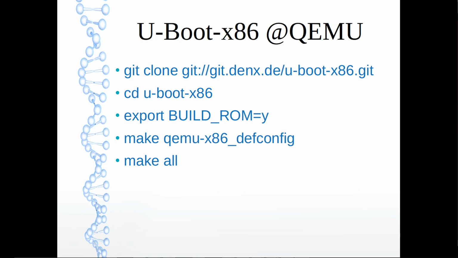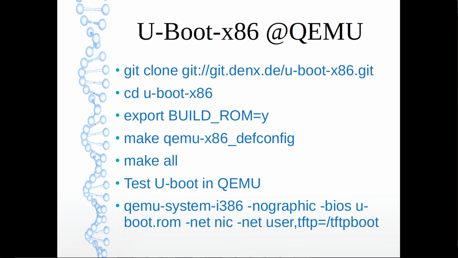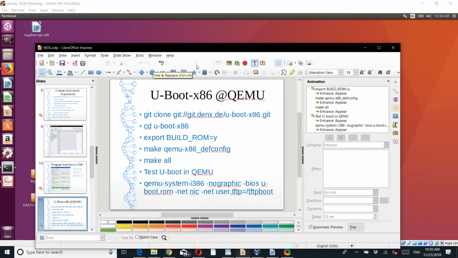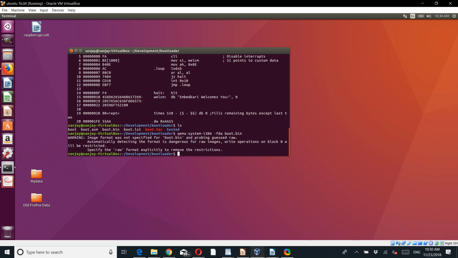So it will generate the uboot binary. Then test the uboot binary in QEMU using this particular command: you don't need graphics, and use uboot.rom as the BIOS. And with net, you are using the NIC interface. That configuration related data I have given, and let's see how it looks here.